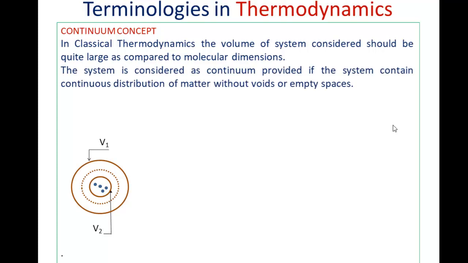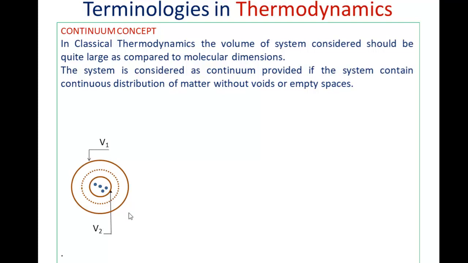According to the continuum concept, the substance or matter within the system should be distributed continuously without any voids or empty spaces. Now let us consider a system, and this is the region of the system which is considered for analysis.